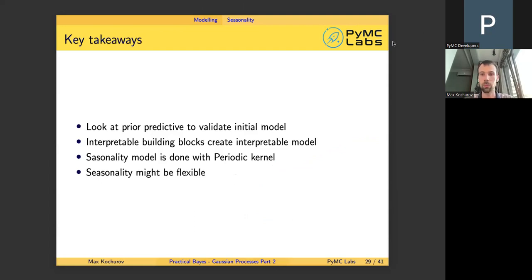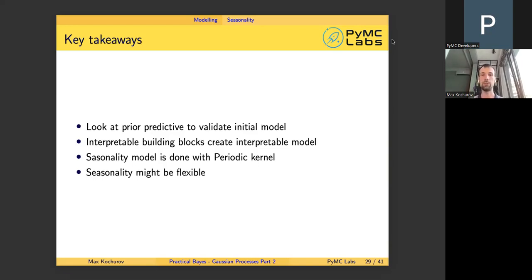So some words about the model that we just fit with the Gaussian process, with the seasonal component. The learnings should be that in a seasonal component, you can not only specify the seasonality pattern, but you can also specify how the seasonality pattern evolves over time, and if it even evolves.